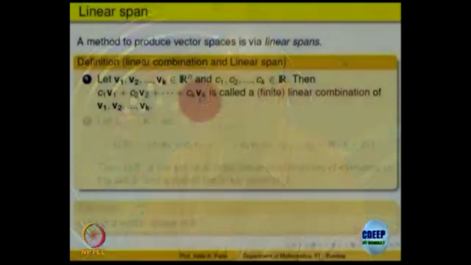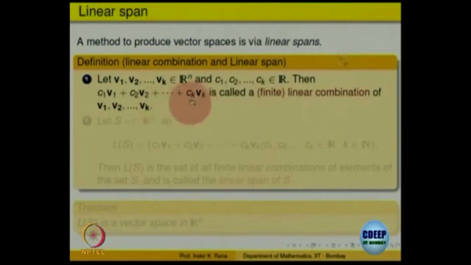That is again a new vector in Rn. Such a vector we will call a finite linear combination of V1, V2, Vk, just a name. Why finite? Because the number of vectors is finite; you can just call it a linear combination, but to stress that we are taking only a finite number of them, we will say finite linear combination of these vectors. So now comes a general definition.